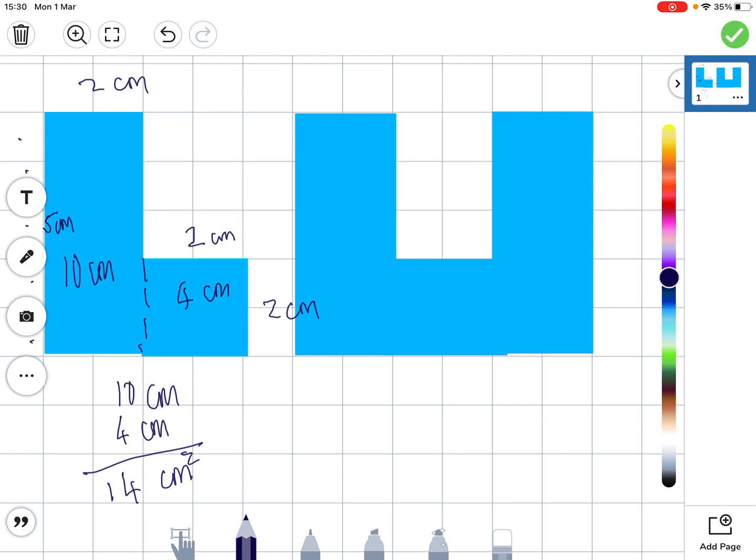So when you get a compound shape like this, the first thing you need to do is split it up, okay? Because it's just too difficult, and it's overwhelming as well when you see big shapes like that. So what I want you to do is go and practice splitting up compound shapes and using the steps that I've given you to complete the worksheet attached. I am going to put the success criteria up, and I'm also going to attach a sheet for you to practice, okay?